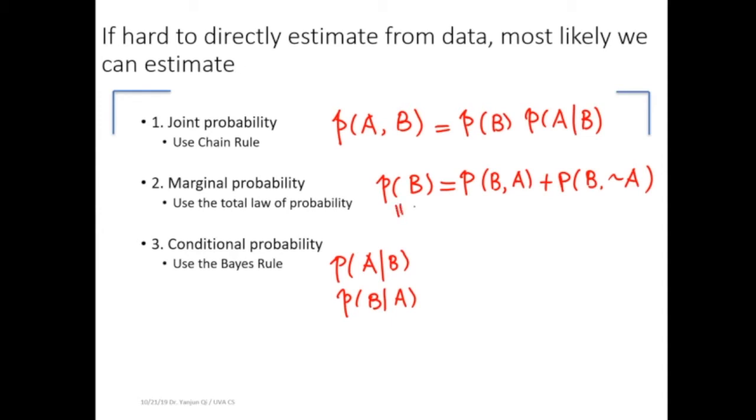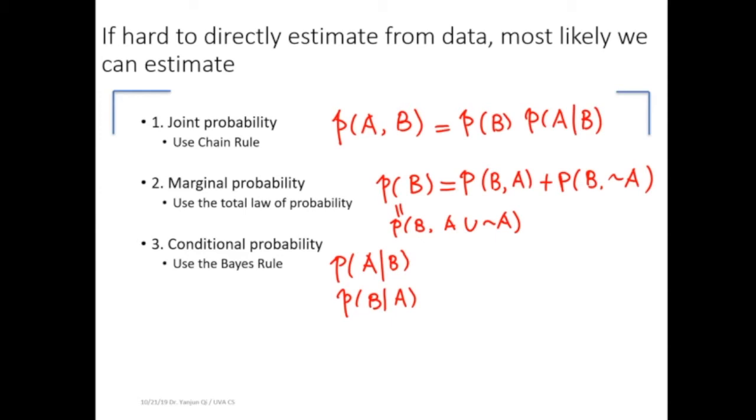Why is this? Because P(B) is equivalent to P(B and Ω), where Ω is my sample space, and it's an AND relationship. And this is equivalent to P(B and A) plus P(B and not A), because they are disjoint operations on the sample space, which I already proved before.